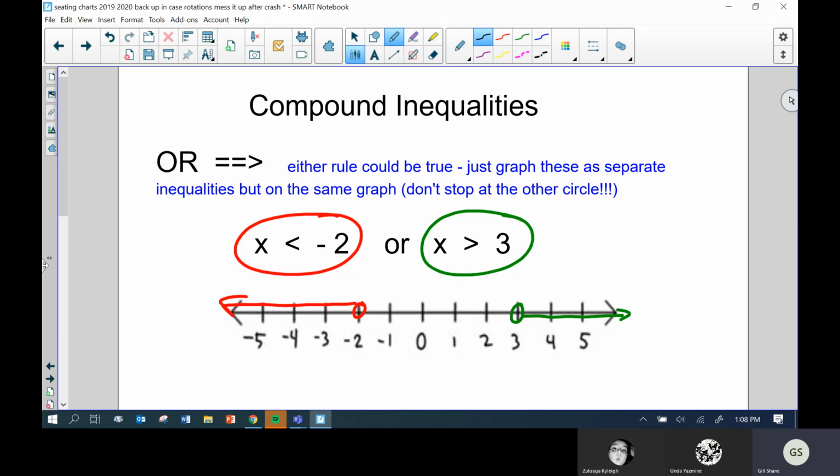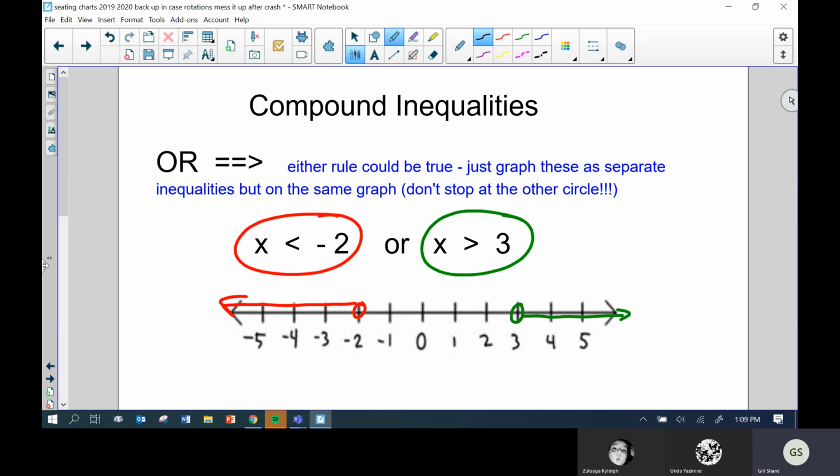If it meets either of them, then it's a possible solution. Every number less than 2 is a possible solution, and every number greater than 3 is also a possible solution. So once you graph them, that's your answer.